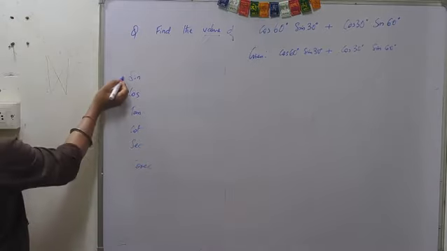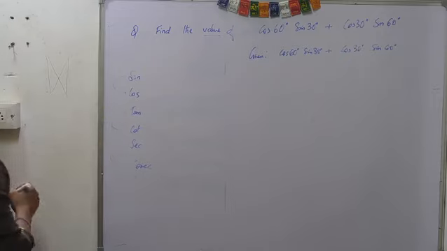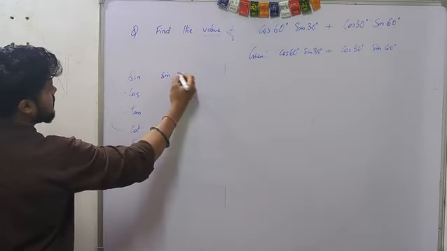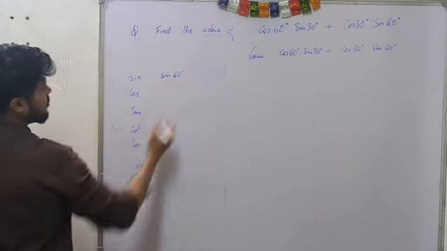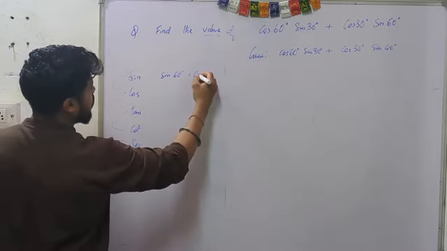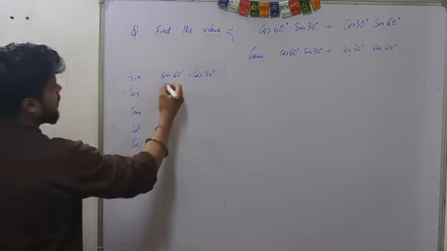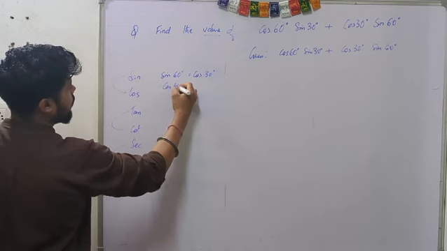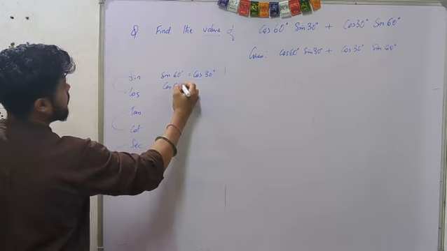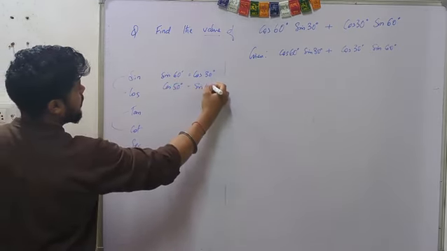These two are complementaries, these two are complementaries, these two are complementaries. That means if I'm writing sine 60 degree, this is equivalent to cos 30 degree. If I write cos 50 degree, I can write sin 40 degree.